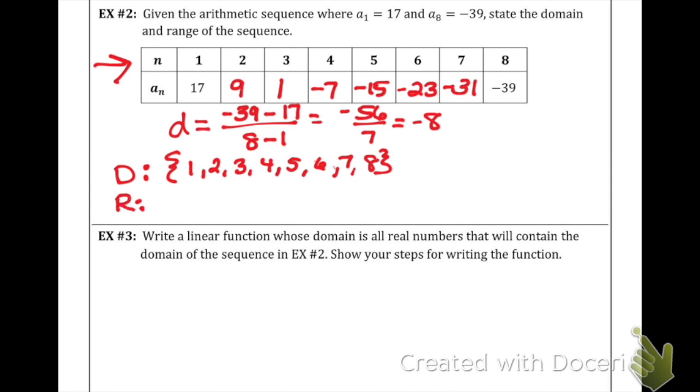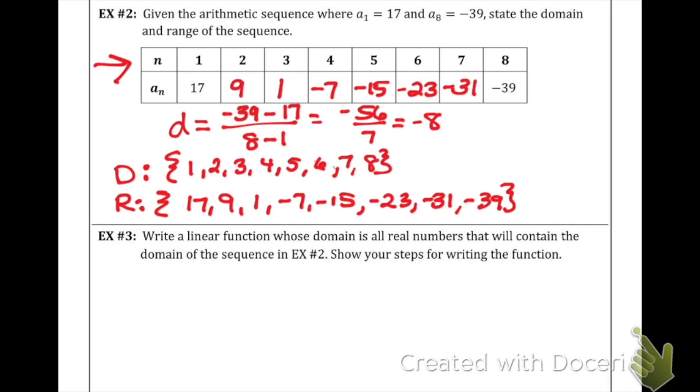My range is the set of the values 17, 9, 1, -7, -15, -23, -31, -39. Right, because it's specific to the sequence. It's not every single number falling on that function, so it's a discrete function as opposed to a continuous function.